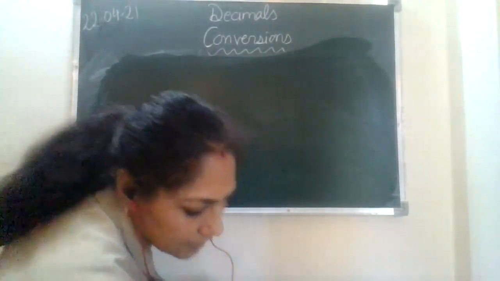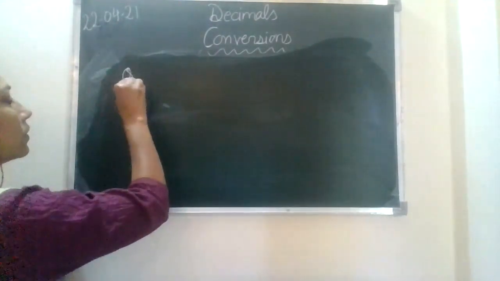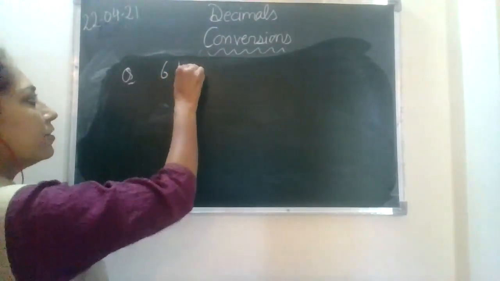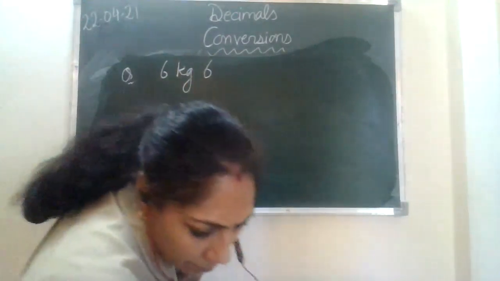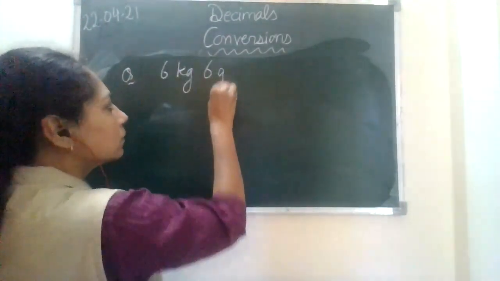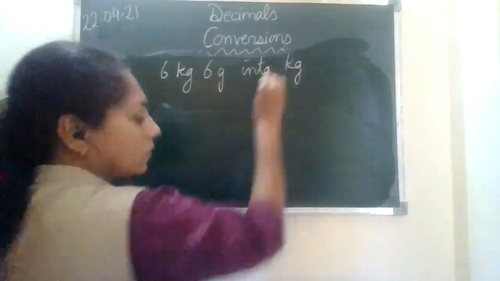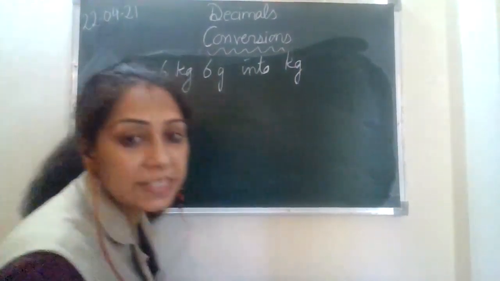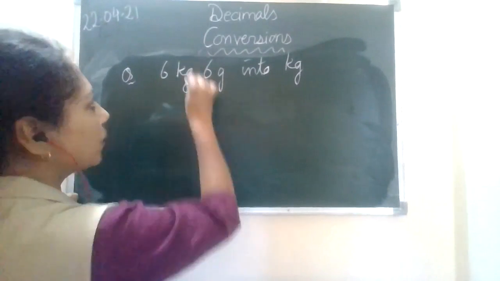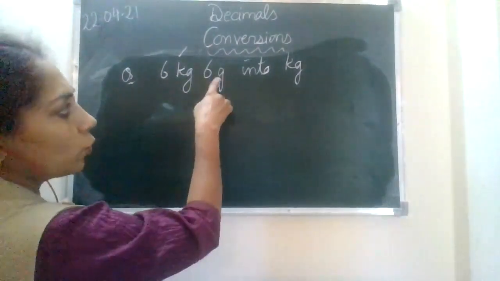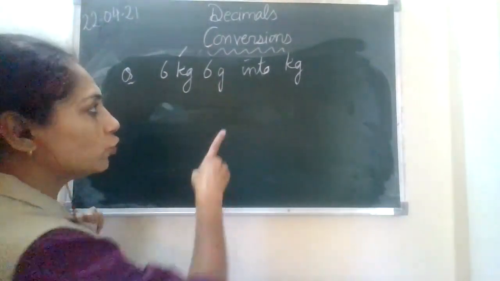The question is 6 kg 6 gram into kg. 6 kg has no issue, only 6 grams. So how are you going to proceed?